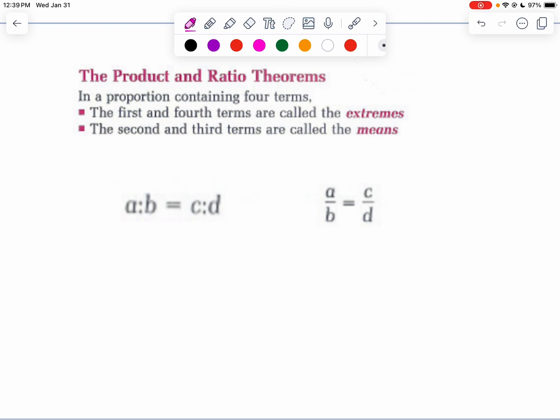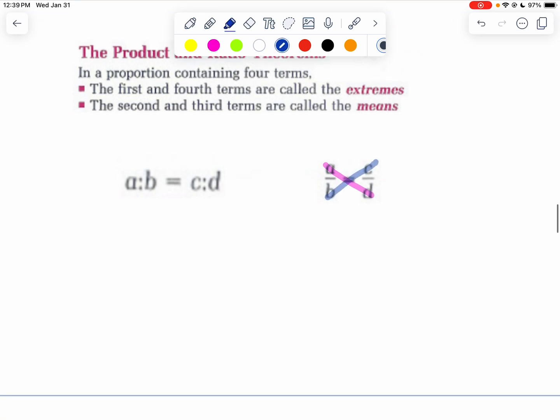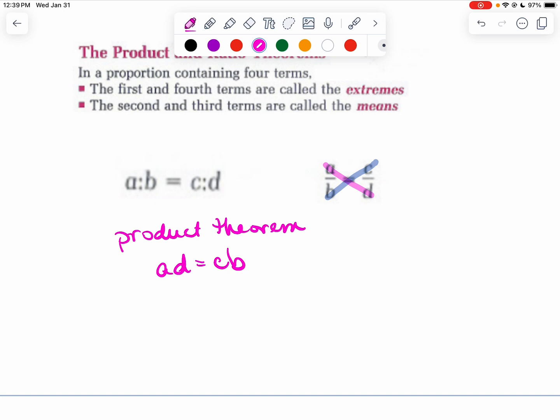Again, when we have a proportion, we're going to cross multiply. And when we do that, that's called the product theorem. Okay, and that just tells me that AD equals CB or DA equals BC. It doesn't matter how we write that.